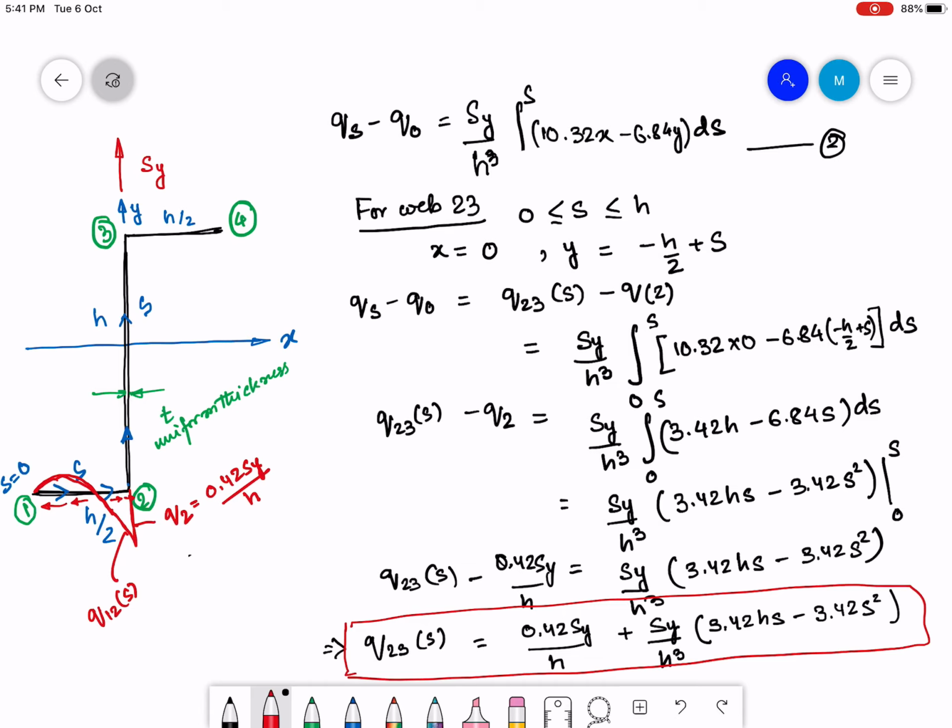Okay, and if I try to find out the solution of this, or how this varies, then this is going to look something like this.